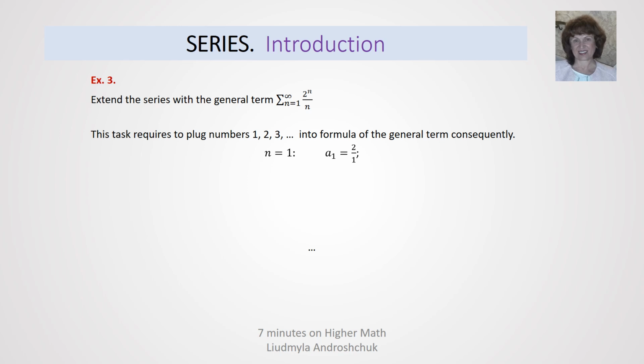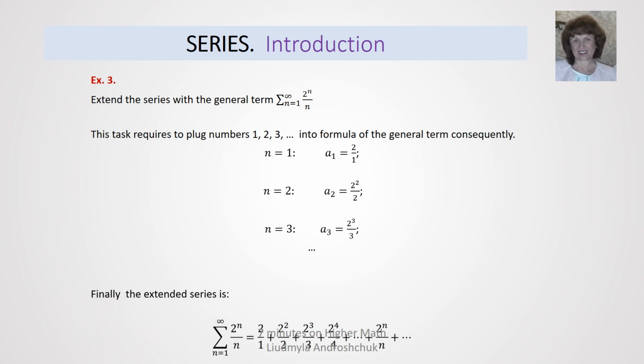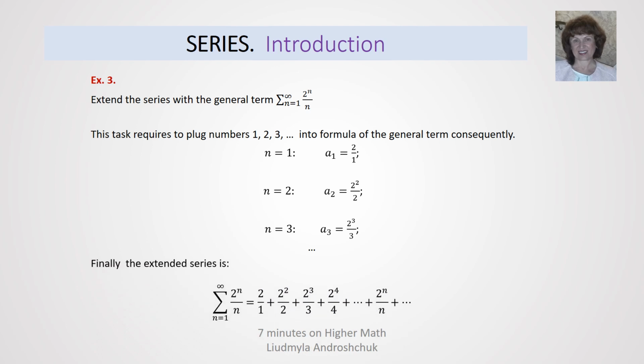Obviously this is the number 2, but it's better to write it in fraction form because the general term is a fraction. When we take n equals 2, we get the second term, a sub 2, 2 squared over 2, and n equals 3, a sub 3 equals 2 cubed over 3. And the general term we know, so we can write this series in extended form.